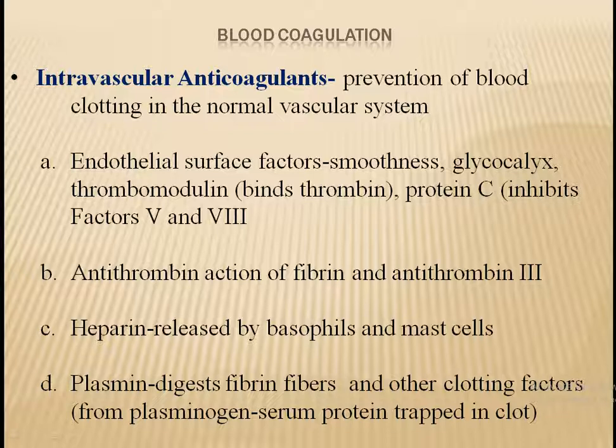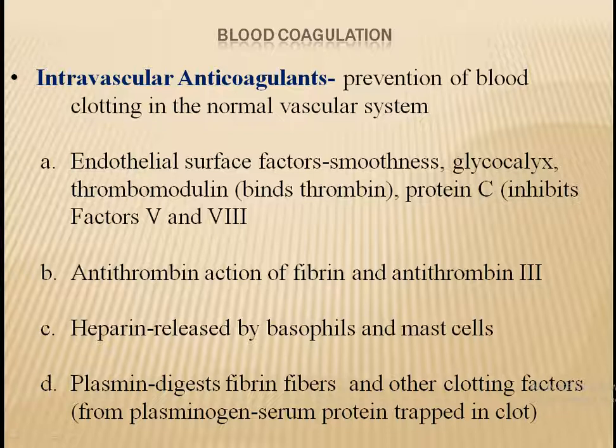Some of the agents in the blood promote the process of coagulation, and some act against it, that is, they stop the process of coagulation. The balance between these two types of agents will decide whether the coagulation process will take place or not.